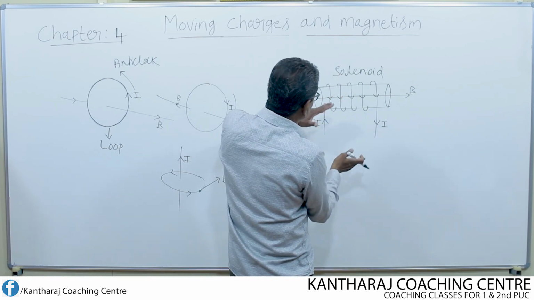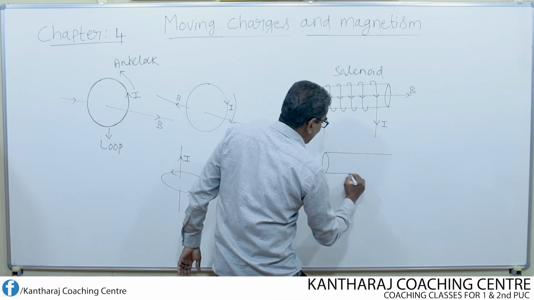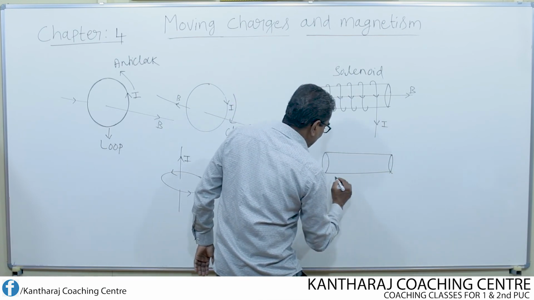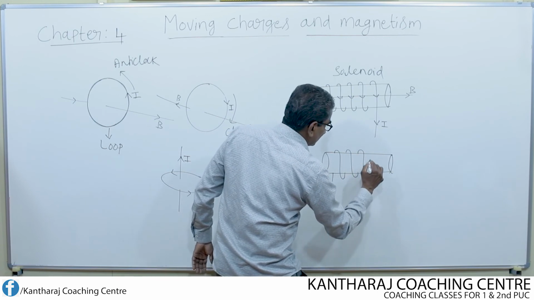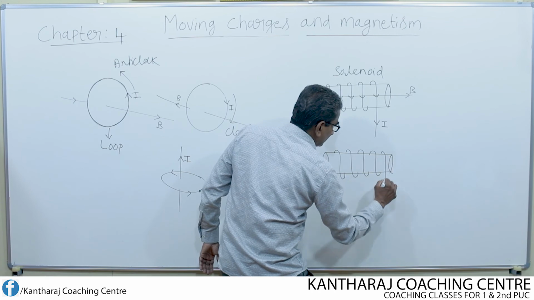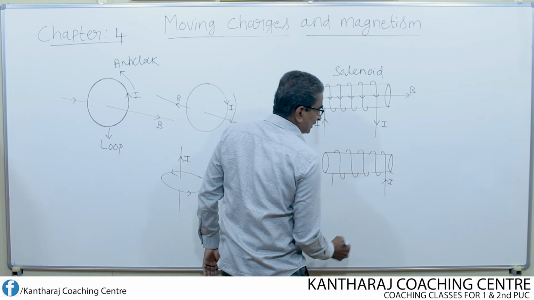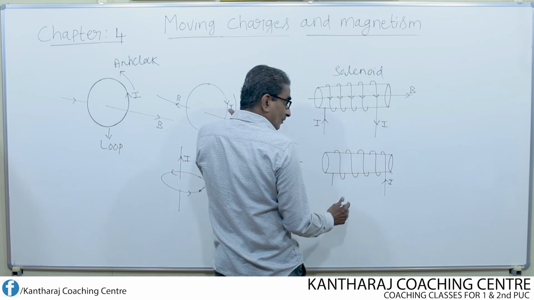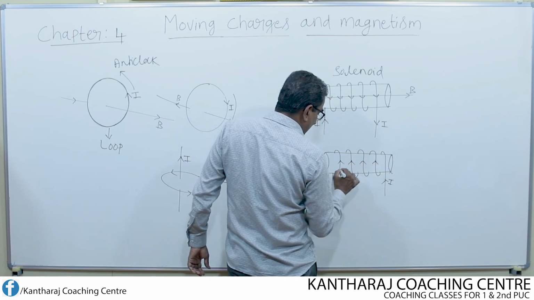Suppose the current reverses. Same solenoid, if I pass the current in the opposite direction, say for example, like this. So now the current is flowing through each turn in which direction? Upward direction.